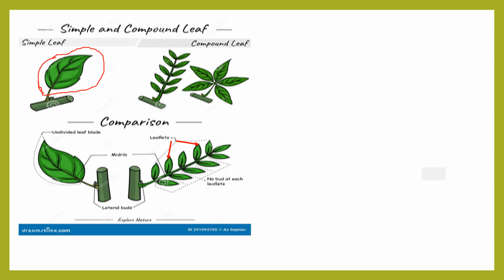There's no dividing on the blade, while this one is a compound leaf. You can see here the petiole. This is a petiole, and this should be the blade, but it's divided into leaflets.